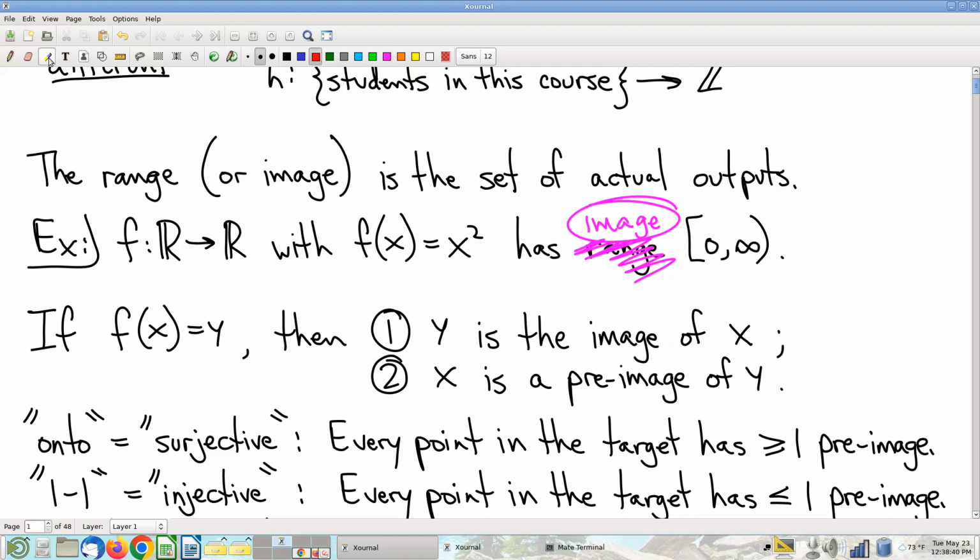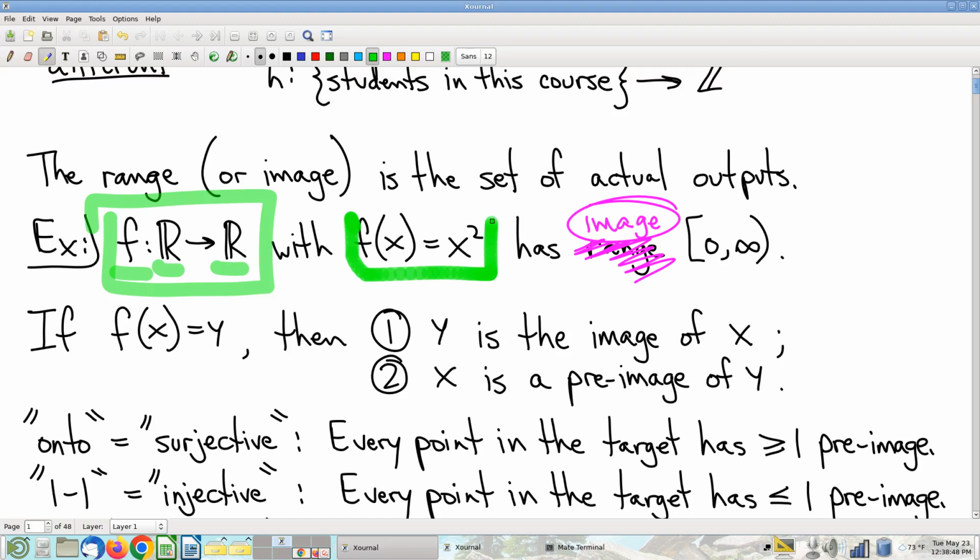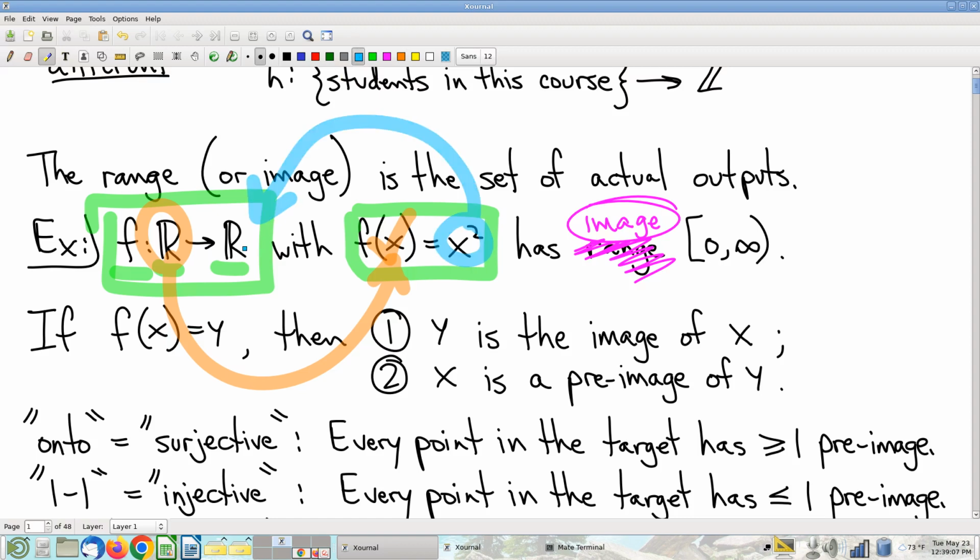Okay, so looking at this function here, we've got a function. Notice, name, domain, target. Here's the rule of assignment. This is how you compute the output values for any given input values. Notice that any real number can go in. You give me any real number, I can square it. Right? And notice that every output will indeed land in the target, namely will indeed be a real number. Okay, so there's my function I want to talk about. And with that noted, let's talk now about what the image is.